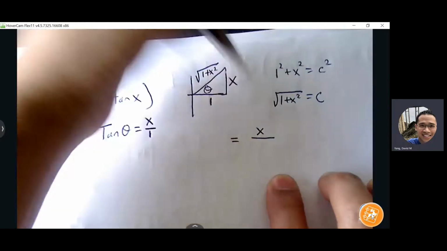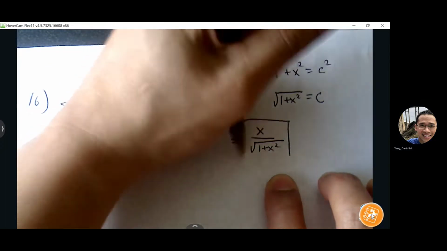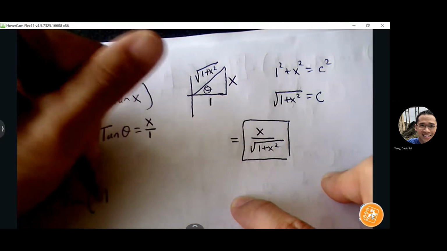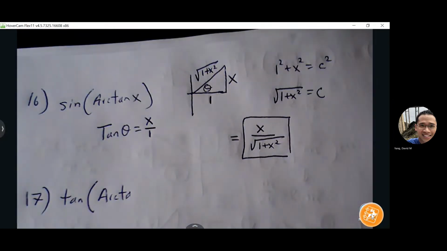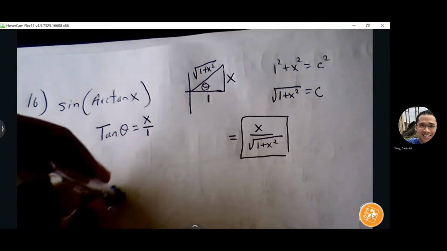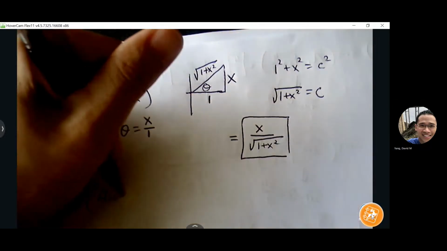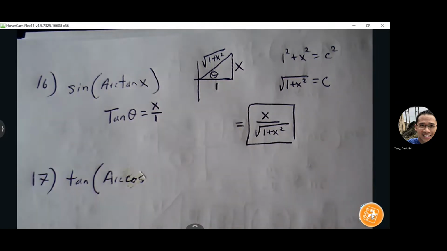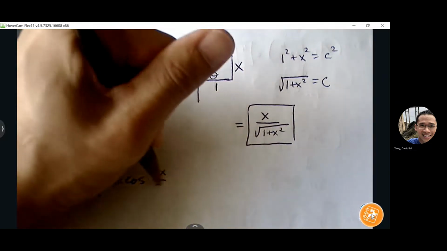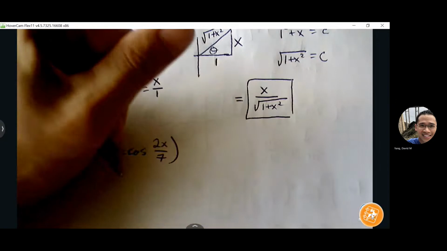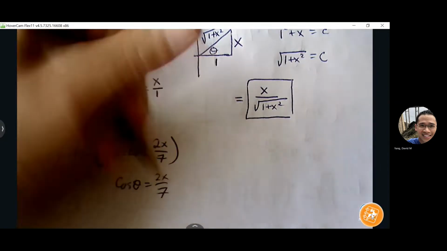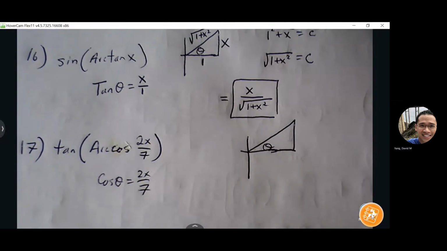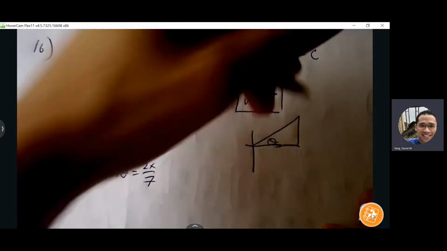Opposite over hypotenuse. That's fine, you know how to rationalize it. Okay. Cosine is adjacent over hypotenuse.